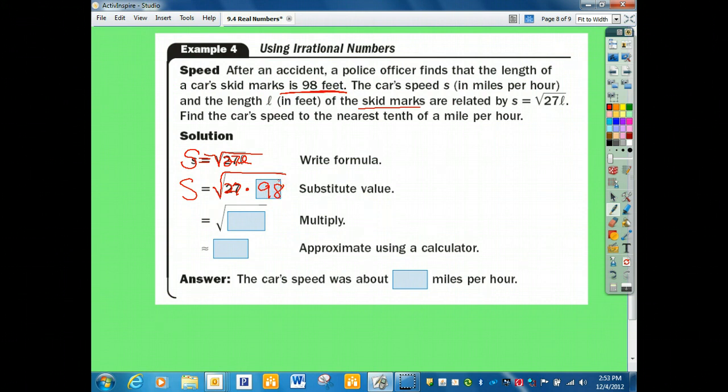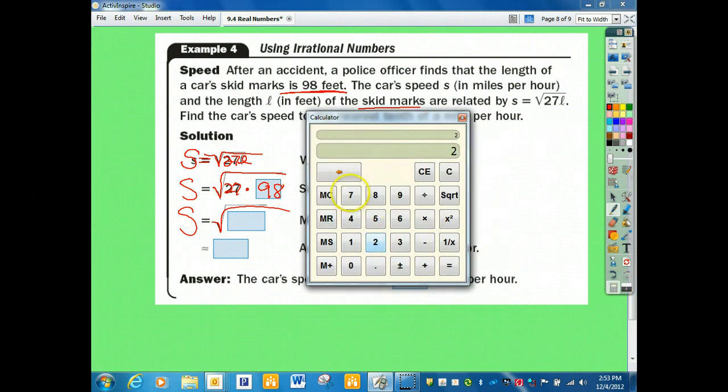That's a pretty good skid mark. All right, now what is 27 times 98? 2,646. Awesome, that's what I got. Am I done? No, you have to find the square root of it.